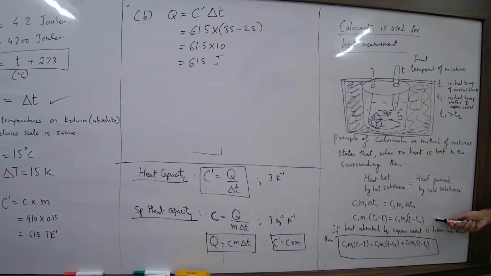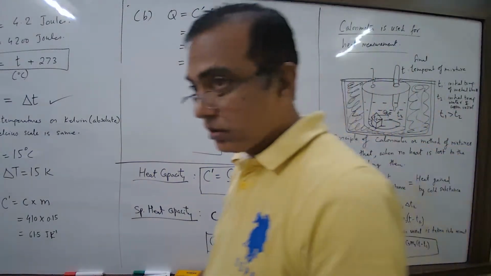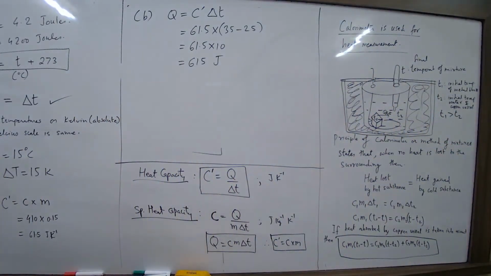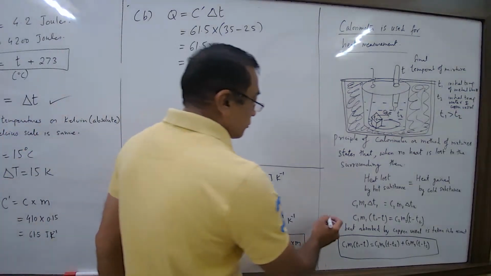This. Because you are neglecting the heat taken by the container. The vessel is not absorbing any heat. So just this formula, the first one. Identify the data, then calculate and convert the units to SI units.